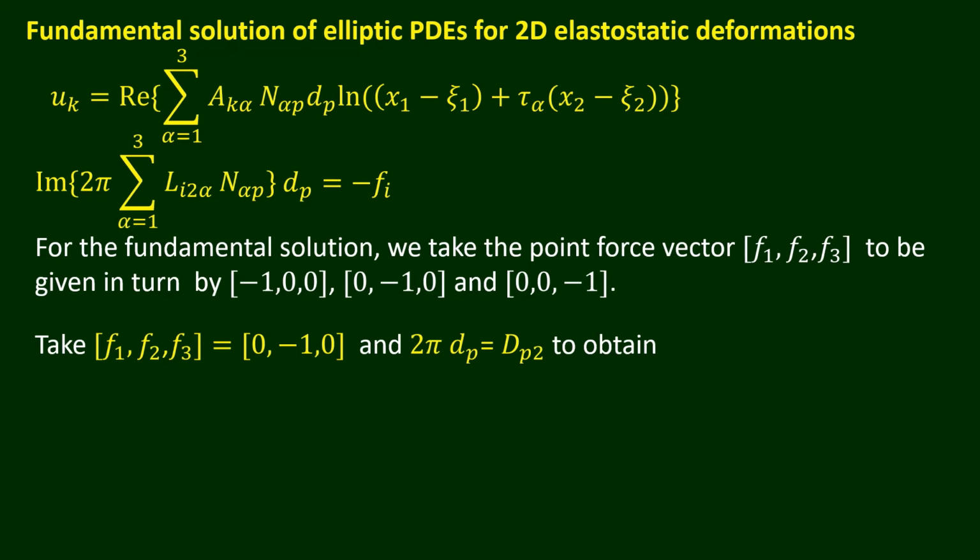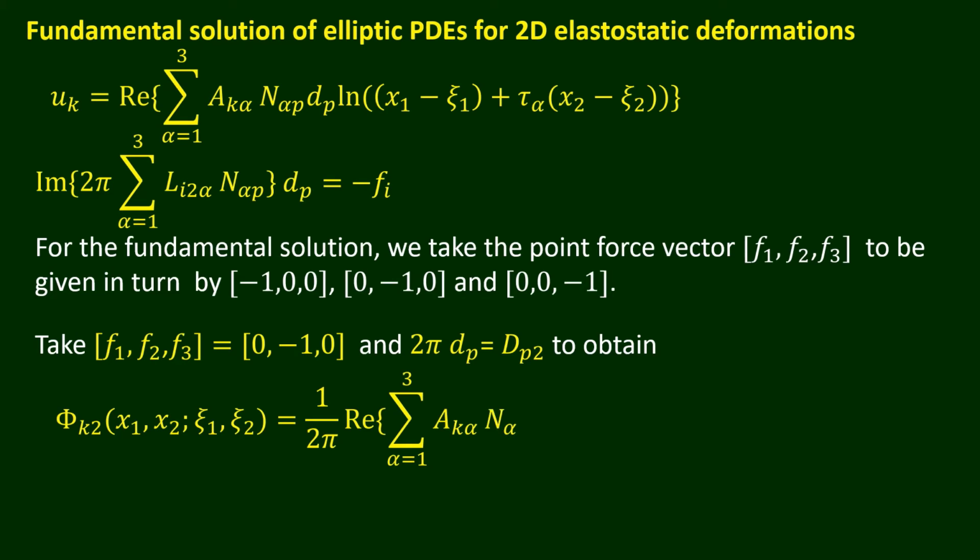Take F1, F2, F3 equals 0, minus 1, 0, and 2 pi dp equals capital Dp2, to obtain capital Phi k2, x1, x2, psi1, psi2 equals 1 over 2 pi, real part of sum, alpha equals 1 to 3, A k alpha and alpha p, Dp2, complex log, x1 minus xi1 plus tau alpha, x2 minus xi2.